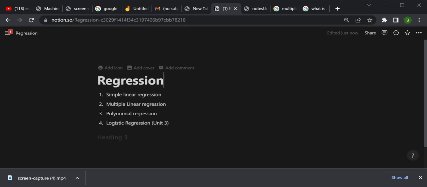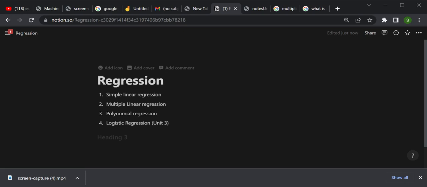Multiple linear regression is where we take multiple independent variables for a single dependent variable. Now these two work with continuous input values, and the data given for them to train on is linear.